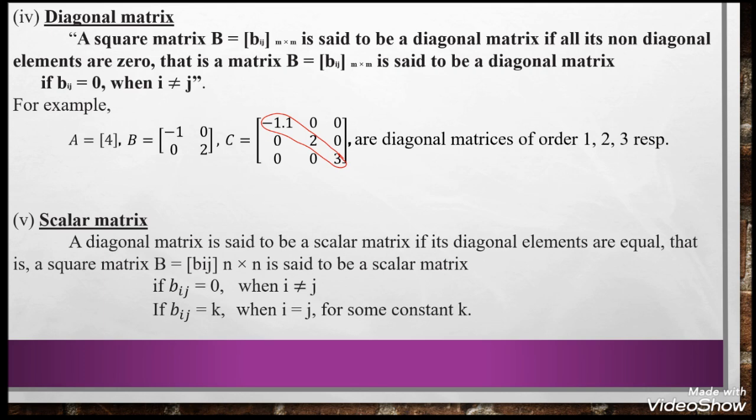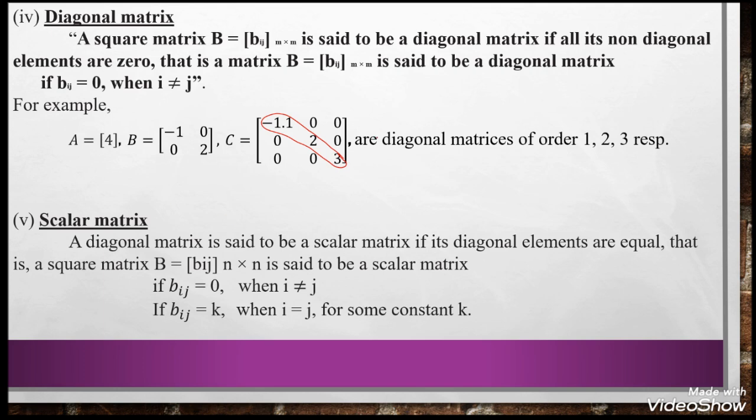That is, the matrix B equals Bij of order m cross m is said to be diagonal if Bij equals 0 when i not equals j. Here i not equal to j means the position of the row and the position of the column differ, then it is said to be a diagonal matrix.